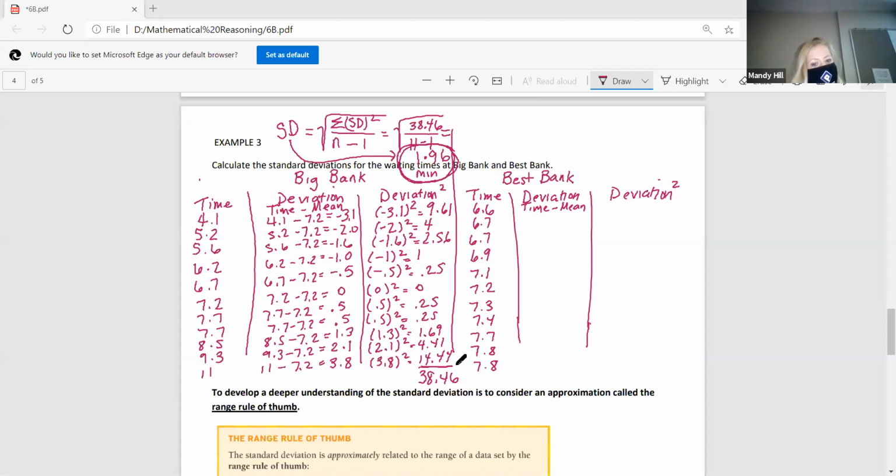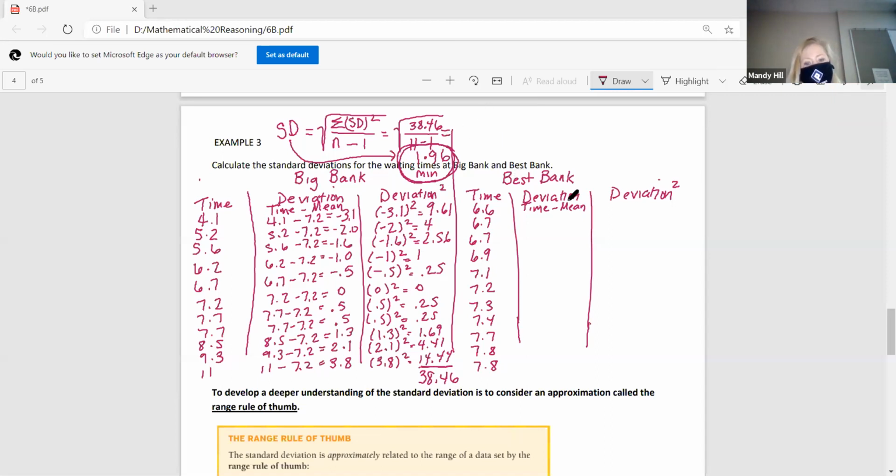The calculator is not going to give you this 38.46, but that's not really important because it gives you the 1.96, which is what they asked for. We had to do all of this work to get that. So you should be still good and be able to use your calculator to get that.